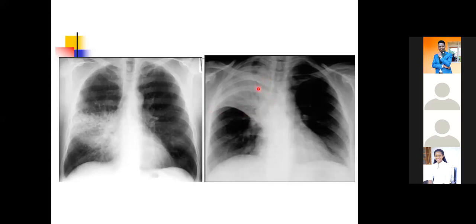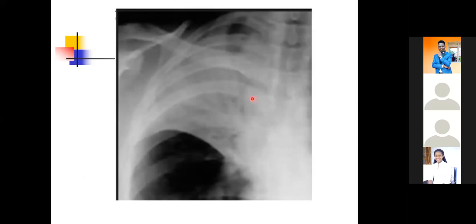Within this area of opacity, we can appreciate air bronchograms. So let's try to see. This is just a magnification of the similar things I'm trying to ask you to be able to see right there.